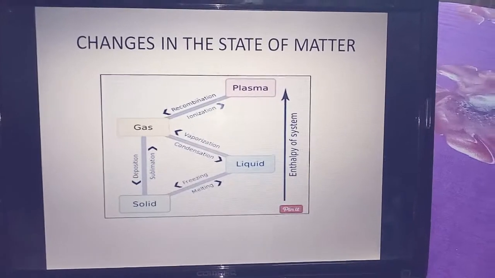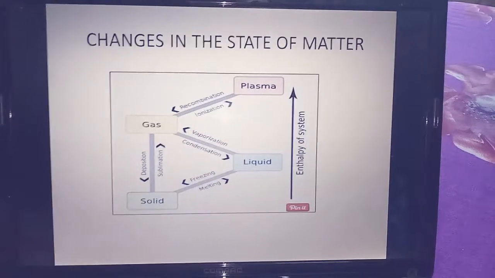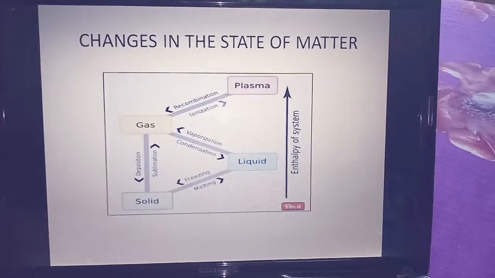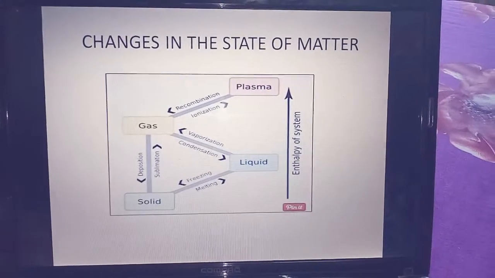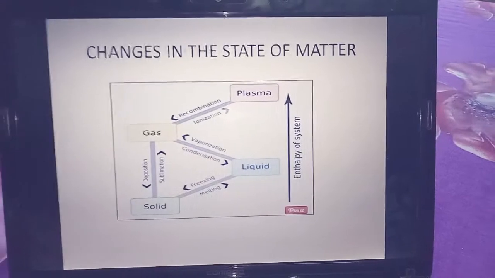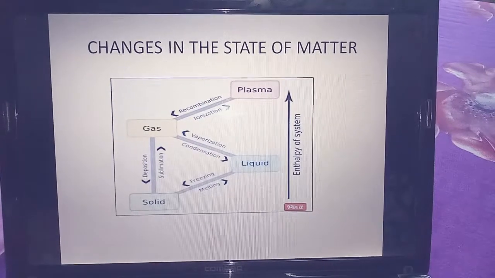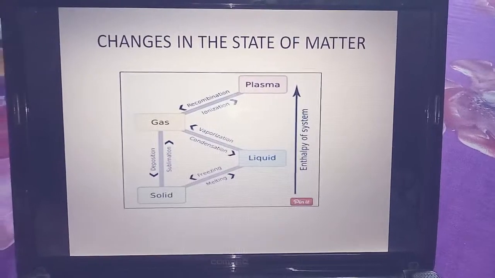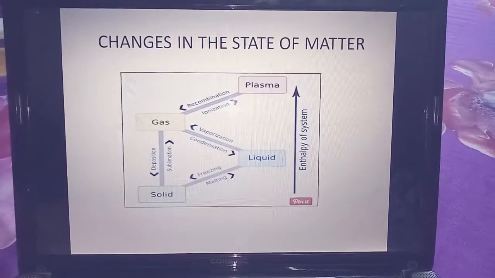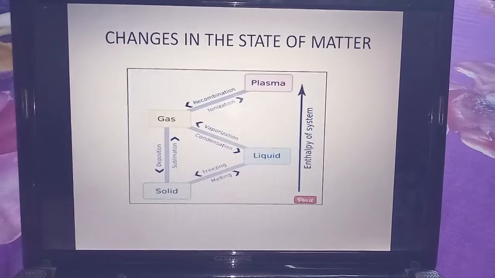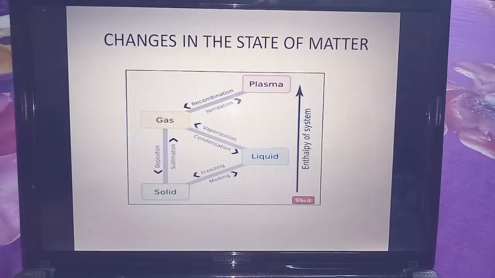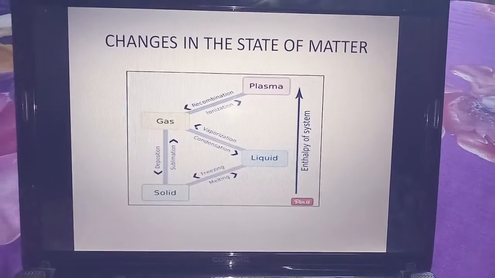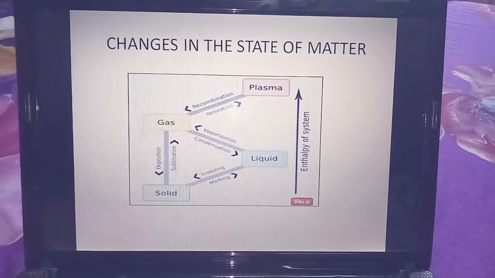But when the opposite process occurs, means when the gaseous state is converted into the liquid state, this process is called condensation. When solids are directly converted into the gaseous state, this process is called sublimation. But students, when the opposite process occurs, means when gas is converted into the solid state, this process is called deposition.